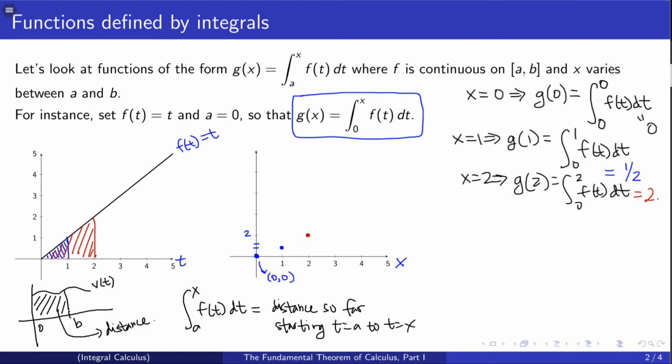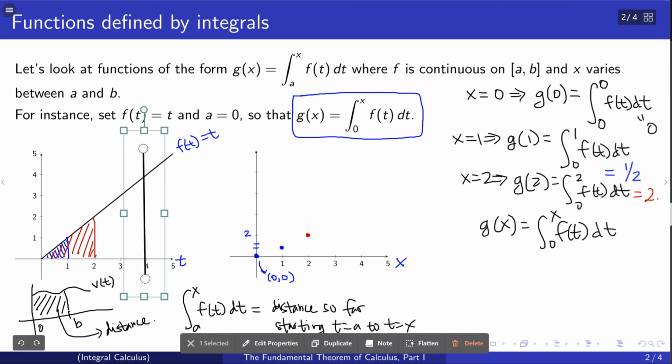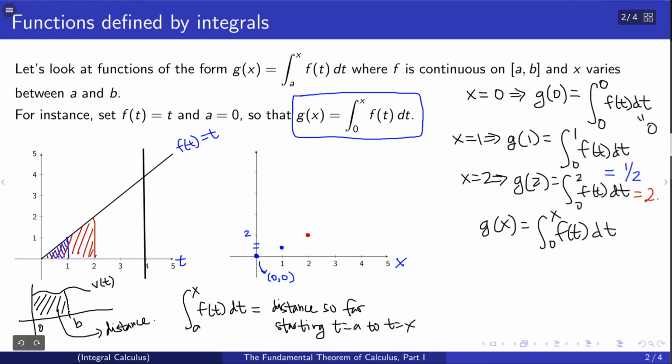In fact, we are able to actually get a formula for g of x in general for any x that's larger than 0, right? By just observing that for any x value that I use for the upper limit of g, so say I cut it off here and I pick this as my x, whatever this integral is simply this area. Right?